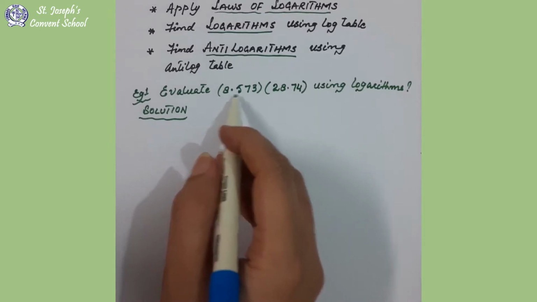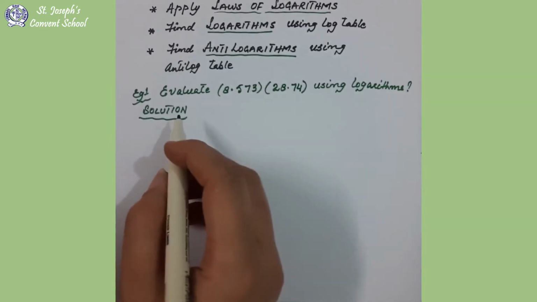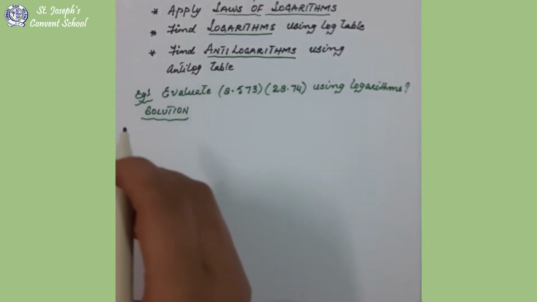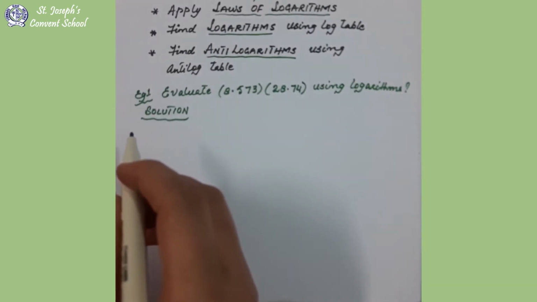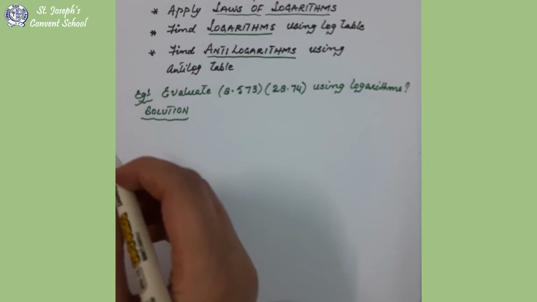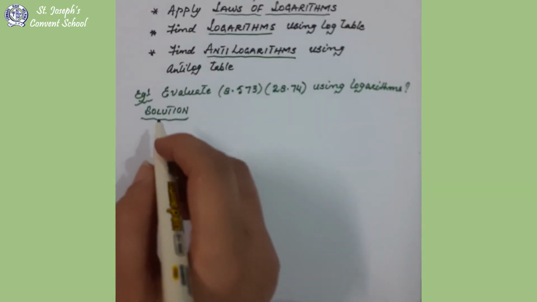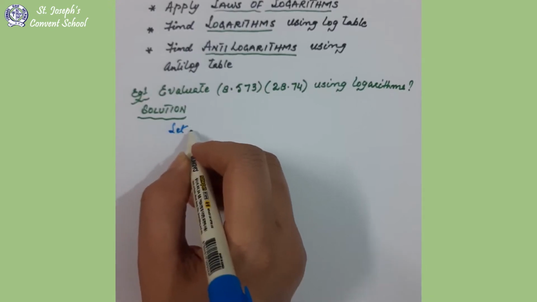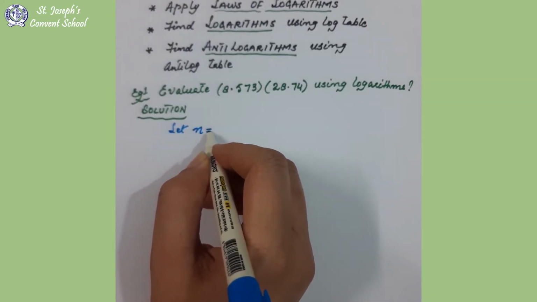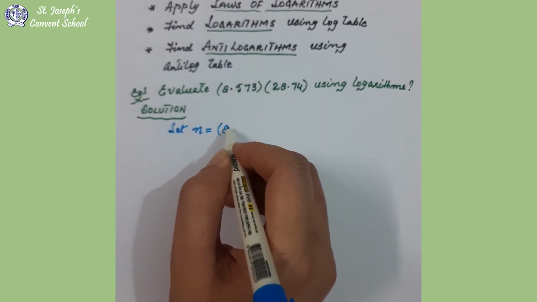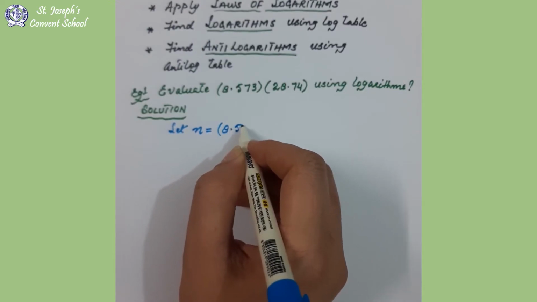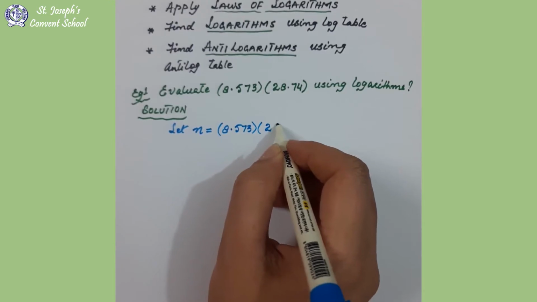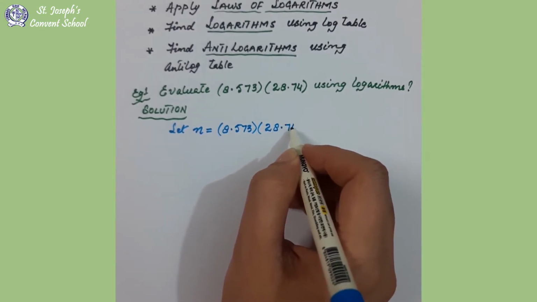Now this question, you will suppose this as n. According to your book, it is written that suppose this is n. You can suppose this as x also, it's up to you which letter you want to take. So let n equal this question: 8.573 in the first bracket, and the second bracket is 28.74.